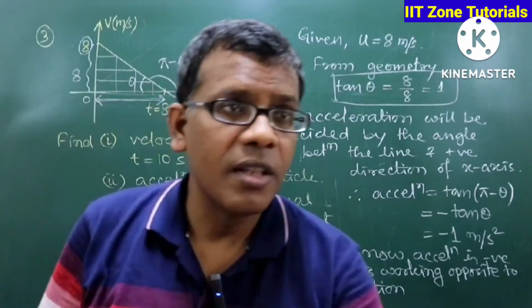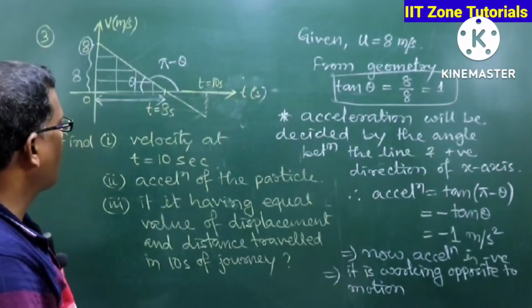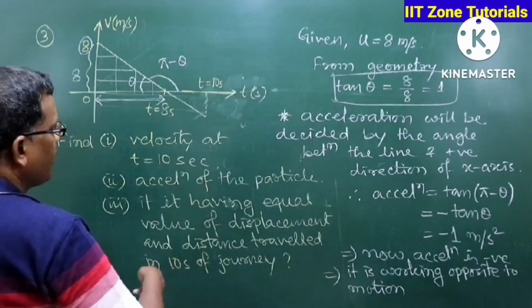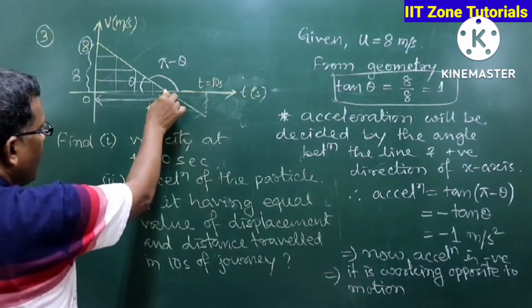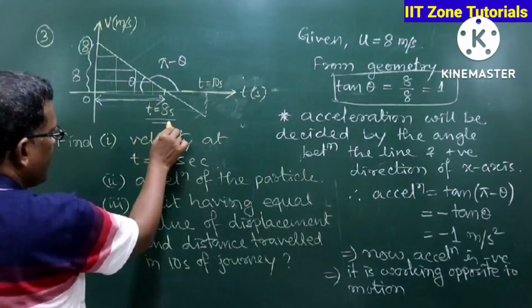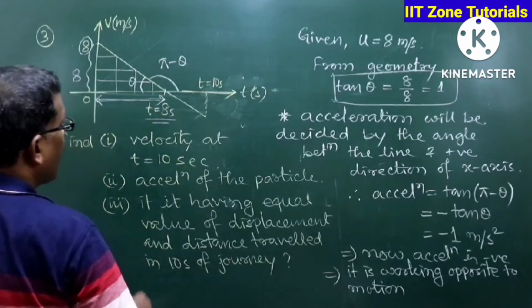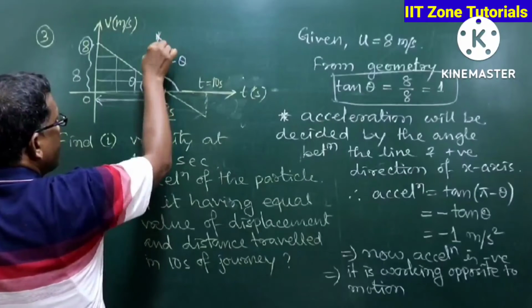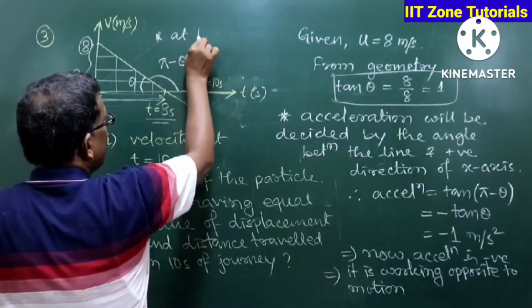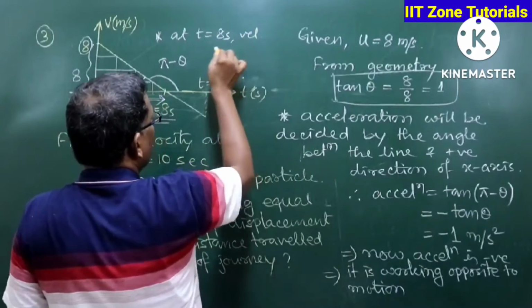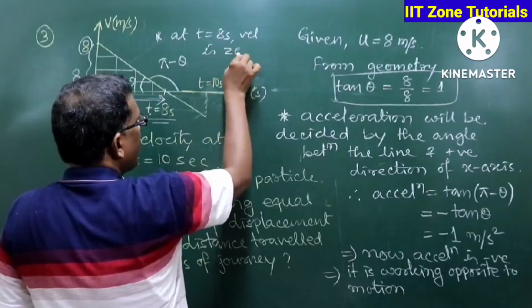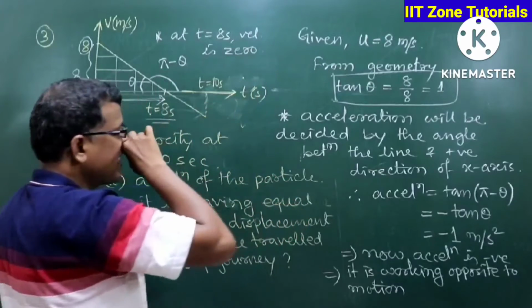Siddharth, Tejas, Gauravi, fine. According to the diagram, the line cuts the x-axis at t equal to 8 second, so we can add this observation that at t equal to 8 second velocity is 0, because the line cuts the x-axis.